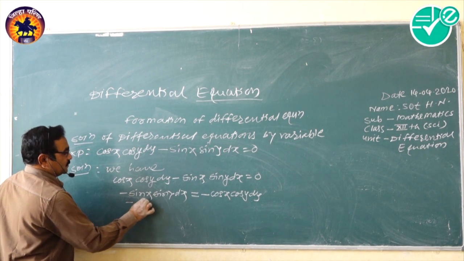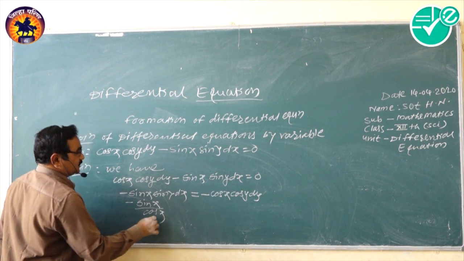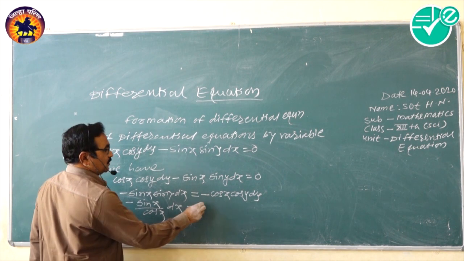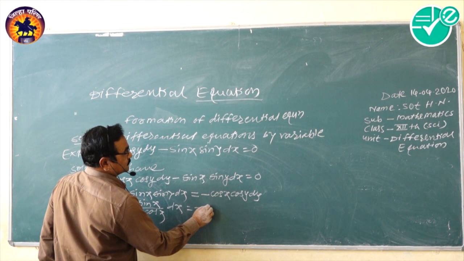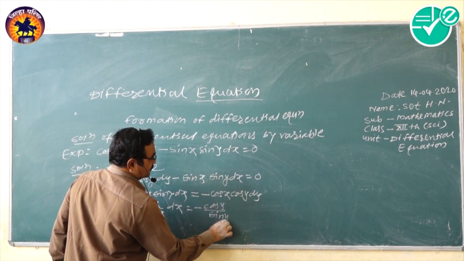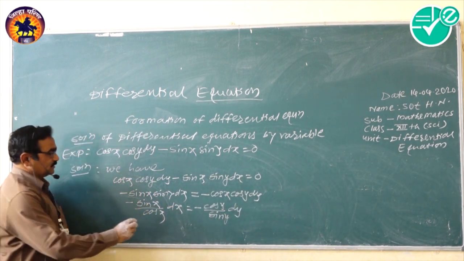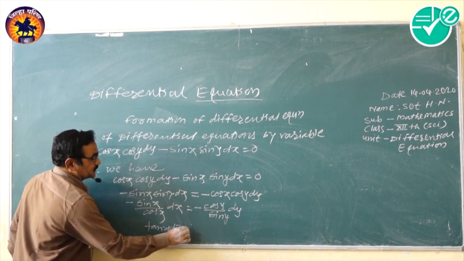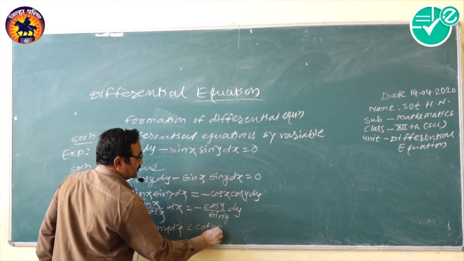Minus sin x upon cos x dx is equal to minus cos y upon sin y dy. This equation becomes tan x dx equal to cot y dy.